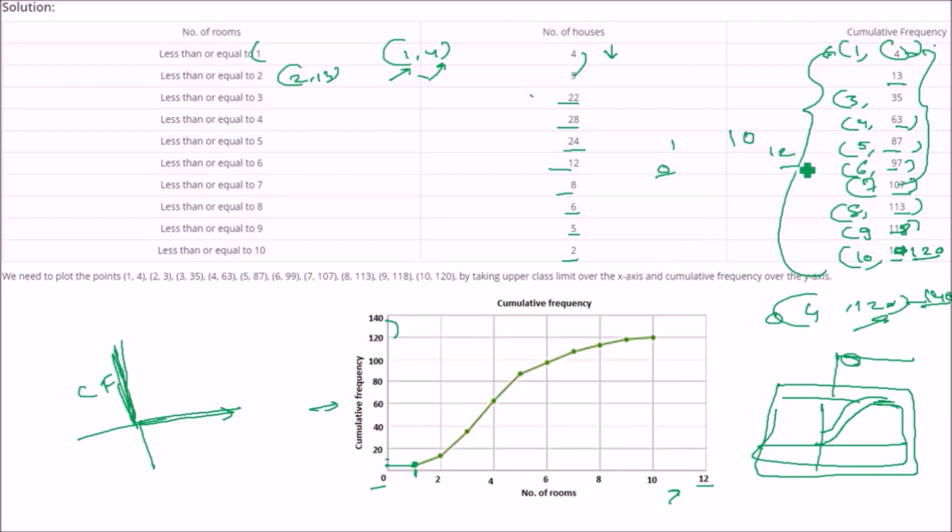Let me take some other point to show you how we made this. 5 and 87. 5 is here, go to 80, this is 90, so 87 will be somewhere here. This is another point. We need to draw all the points. Let us take one more point, 10 and 120. So x is 10 and y is 120. This is our point. Now just draw freehand, and this is your ogive. This is how you have to make it.